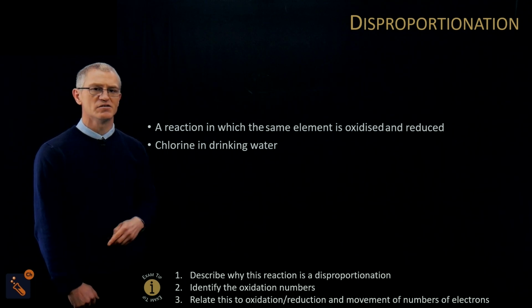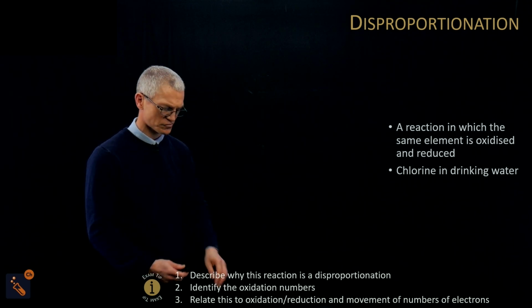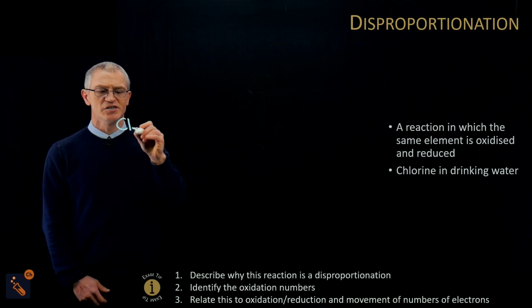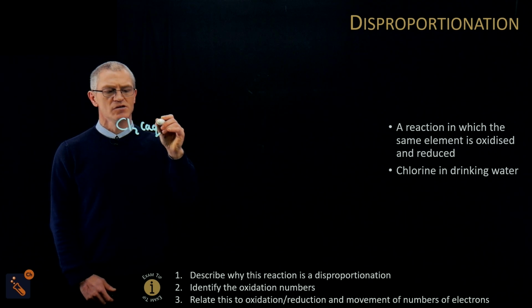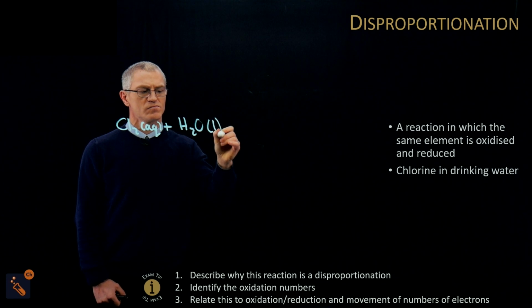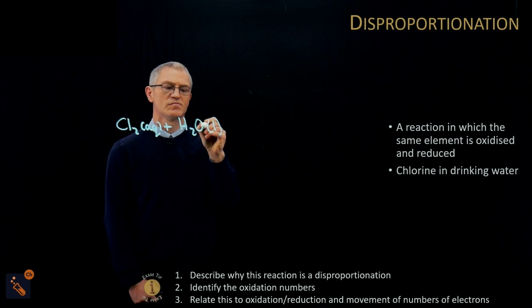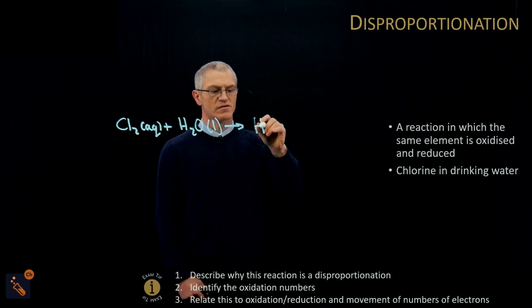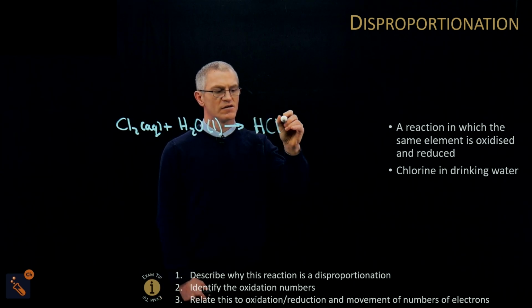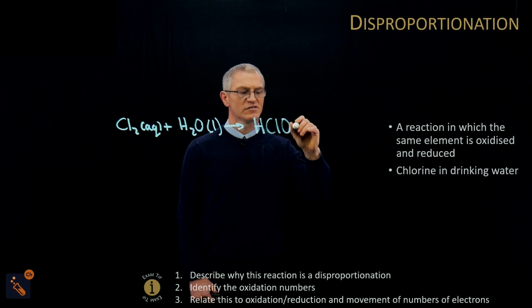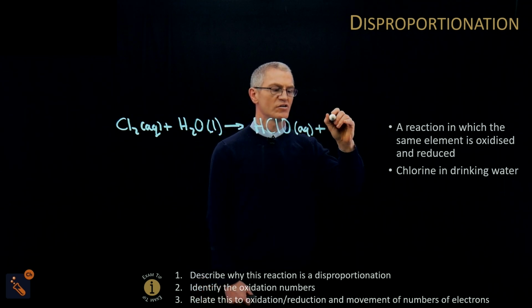Now let's do chlorine in drinking water. So chlorine in drinking water is basically Cl2 plus H2O, and then that's going to go to HClO, which is your chloric acid, plus your hydrochloric acid, HCl.